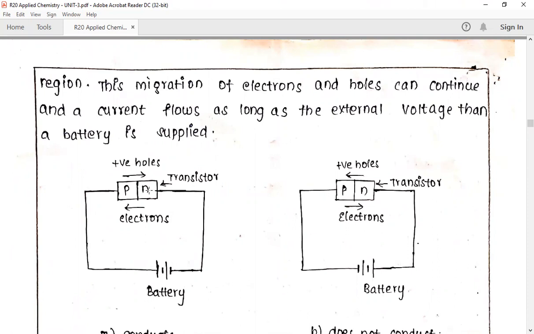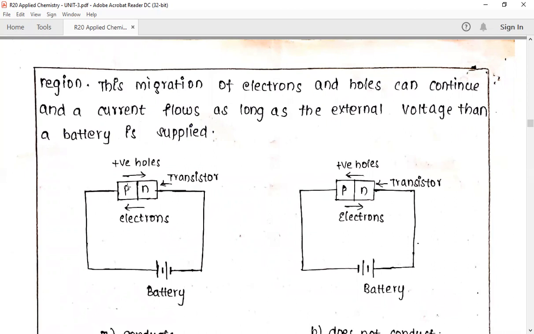This means that both the ends have different characteristics. One end has an excess of electrons, whereas the other end has an excess of holes.